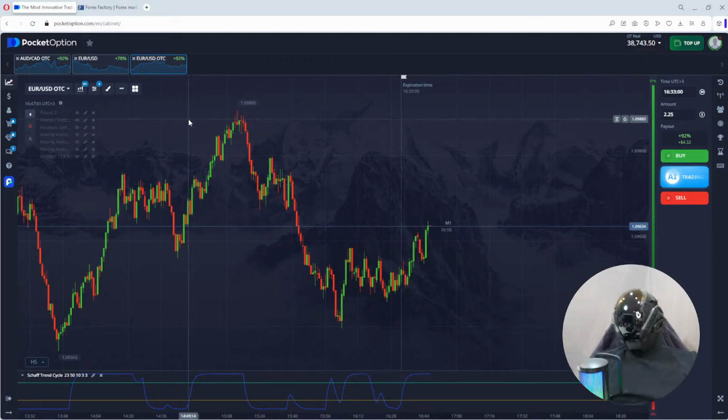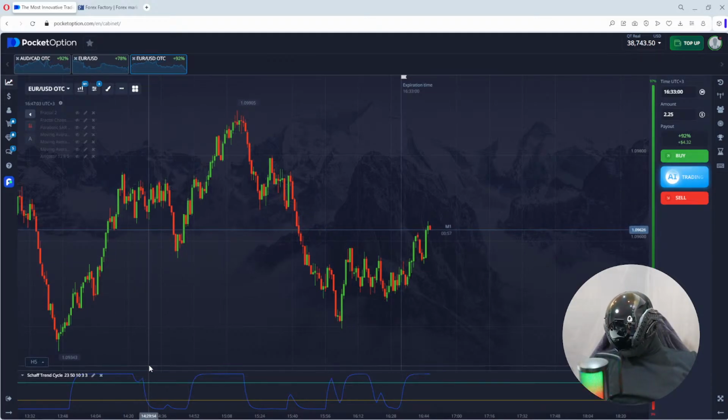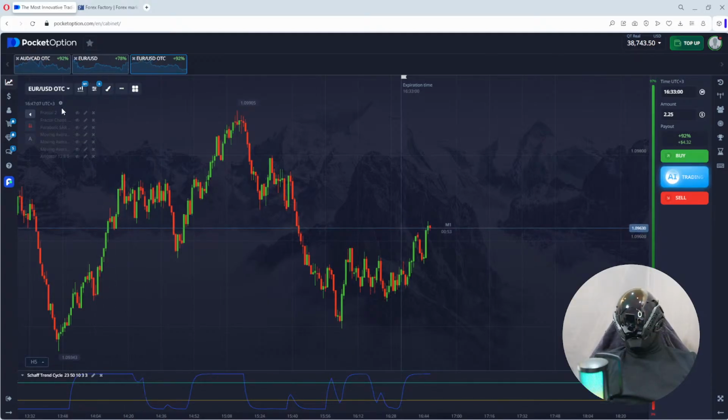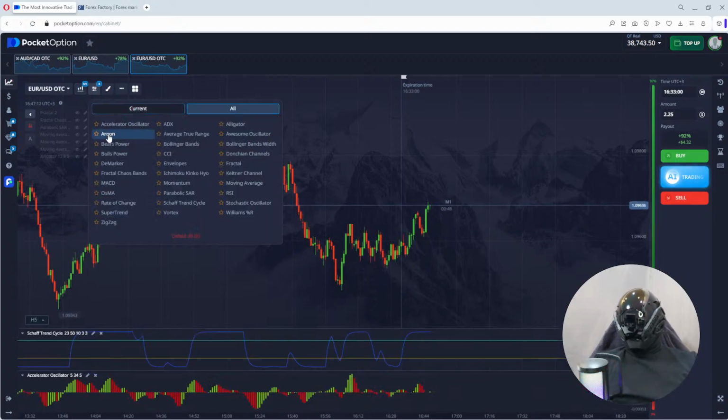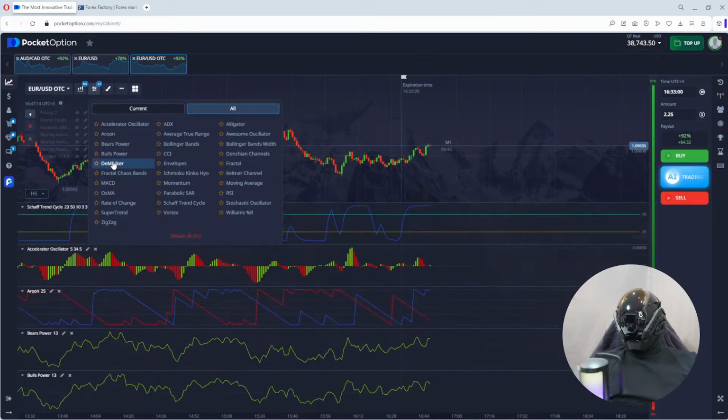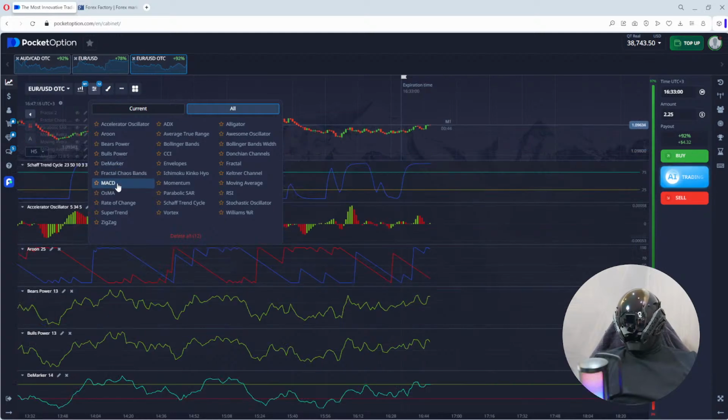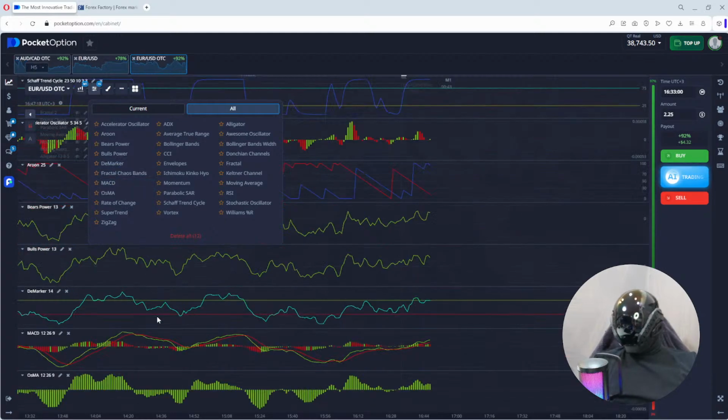Whoosh. When the indicator pops under the chart with a range, this is a leading indicator. There we go. Accelerator, Aroon, Bears and Bulls Power, DeMarker, MACD, OsMA, right? All of these are leading indicators, and they tell you where the market might be going in the near future.